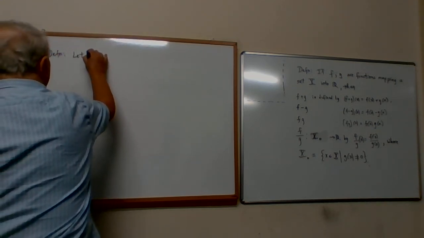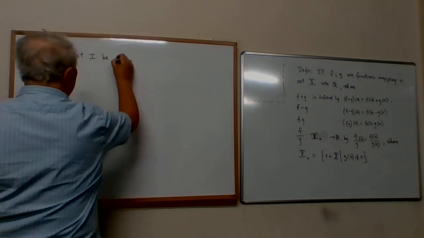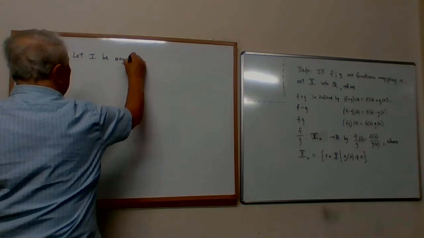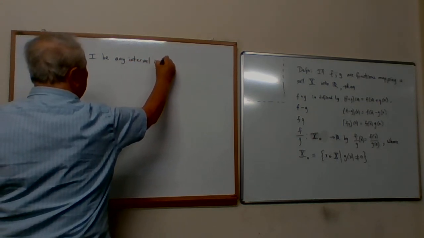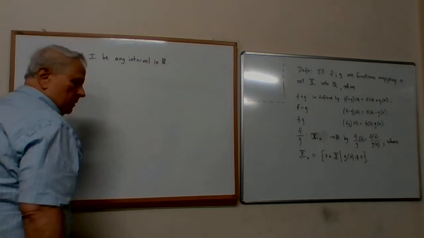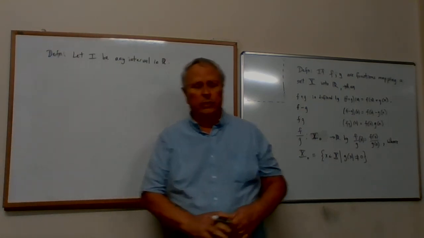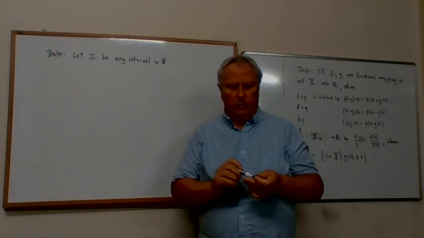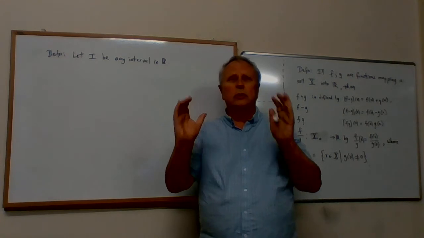Let I be any interval in R. Now remember, there are four kinds of intervals. There's an open interval, which excludes both of the endpoints.